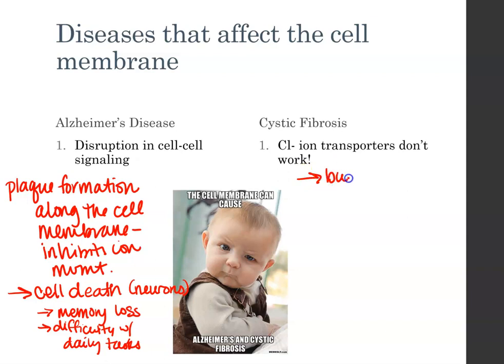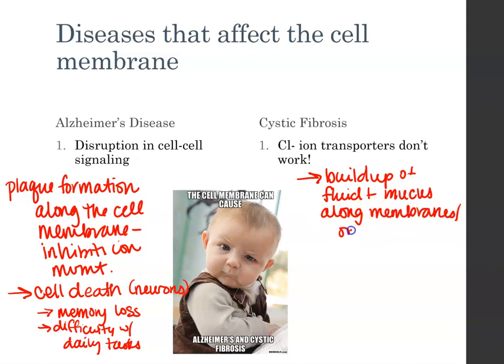This causes a buildup of fluid and mucus along membranes and organs.